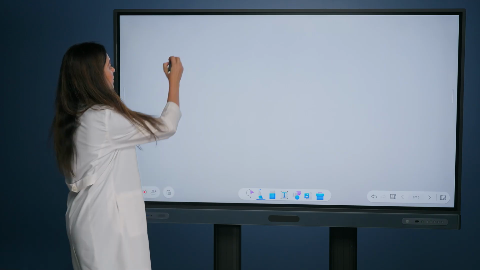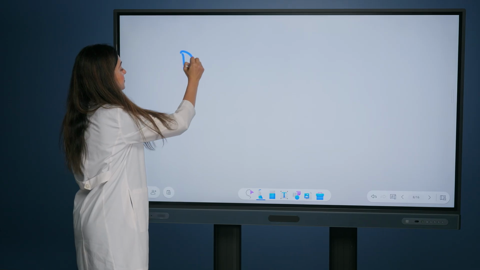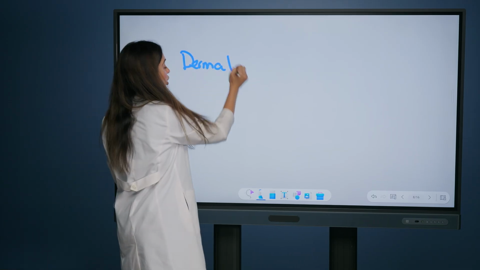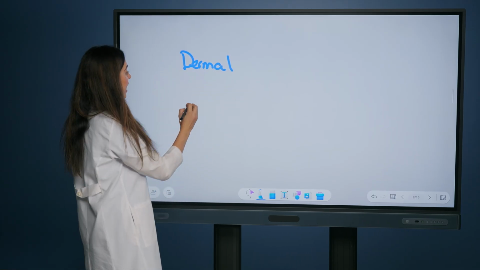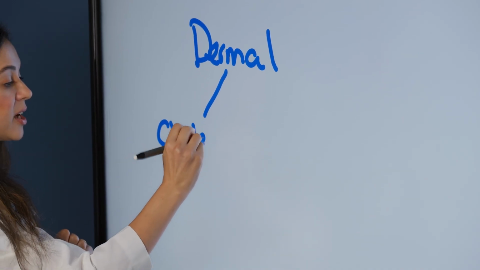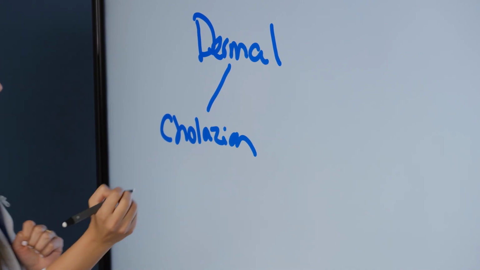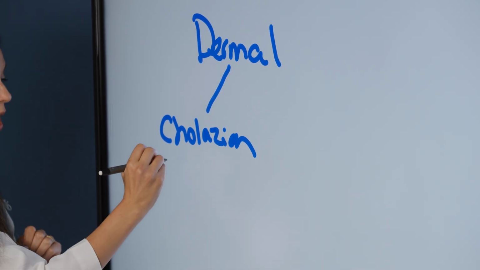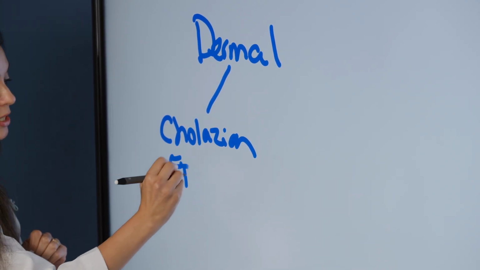But let's now shift gears to talk about the dermal, the most common dermal growths on the eyelid. And so we're gonna have the benign ones. These will include the chalazion, which I'm sure many of you are already familiar with because they are so common. Epidermal inclusion cysts.